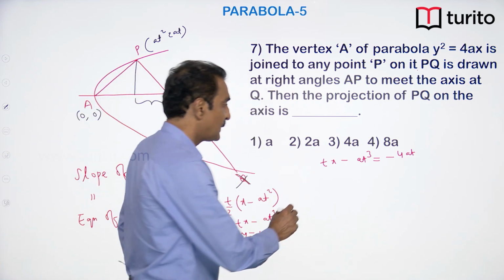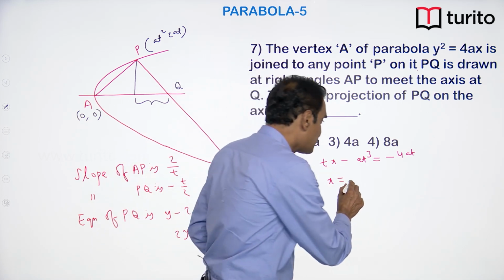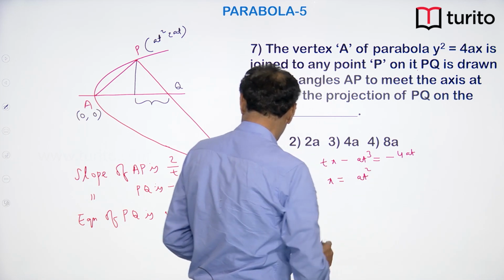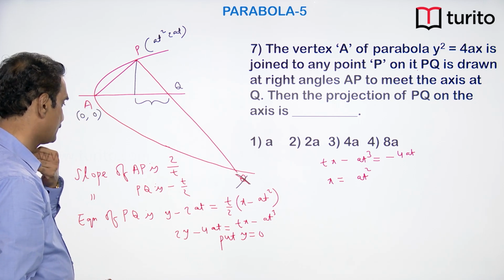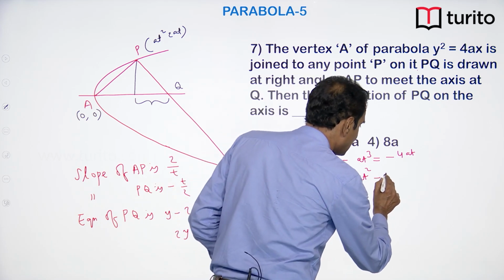Okay. So, x is equal to AT square minus or plus 4A.